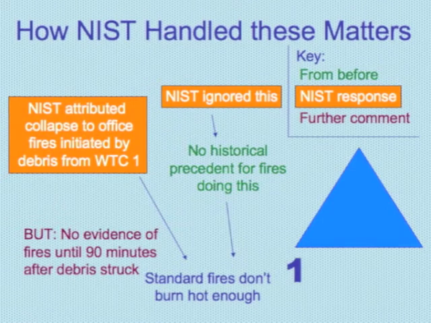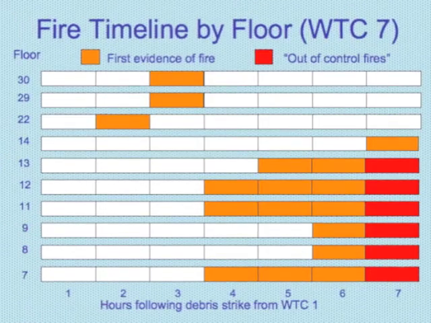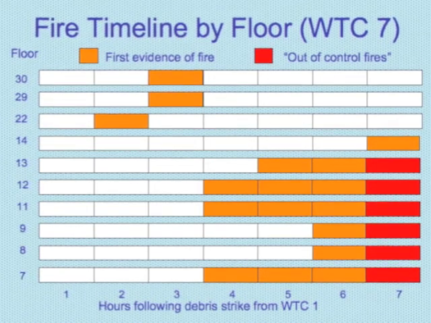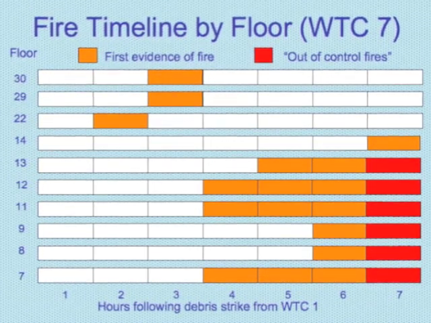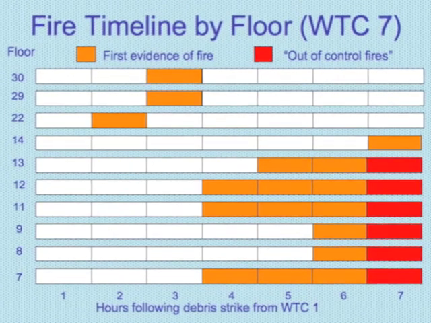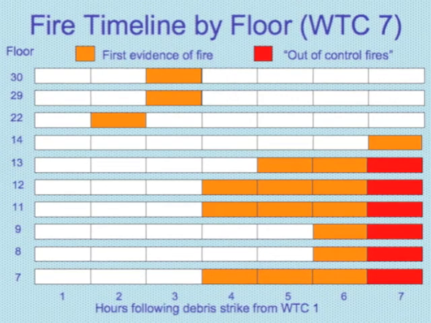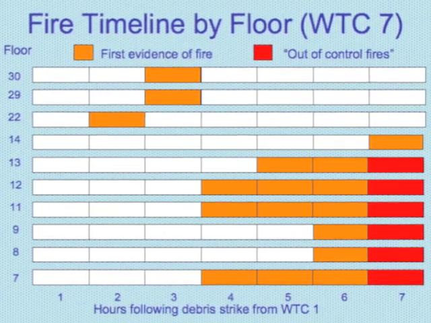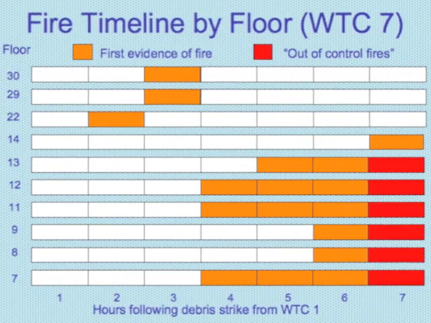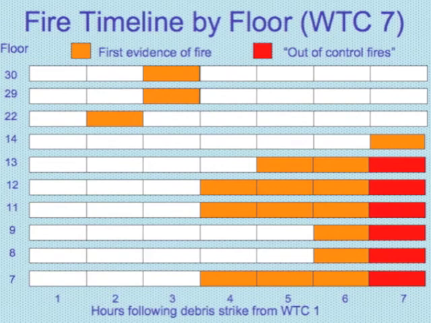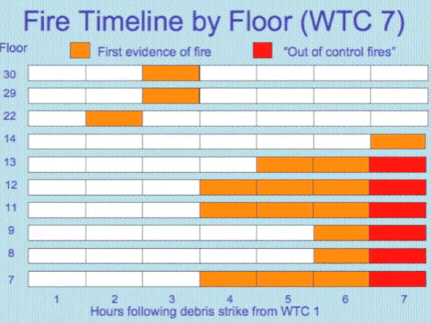Next chart. Okay, this is looking at the different floors. NIST said that there were fires on the floors that I've got listed there. And in the floors kind of over in the right hand between 7 and 13 is where the fires became so hot that it caused things to happen which netted in the whole building coming down.